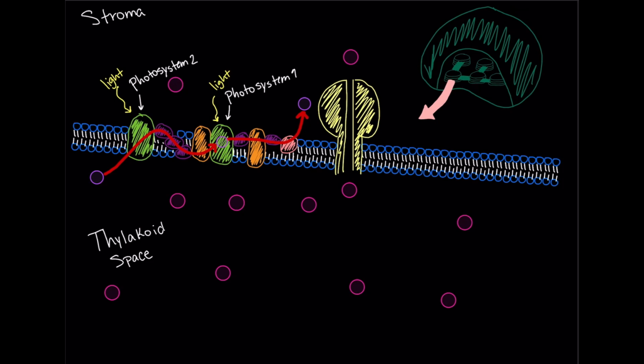Let's start drawing and representing this. For example, if we have this water molecule here, H2O, it reacts with the photosystem as the light passes through, and it gives off an electron, which would be this purple one, and also gives off two hydrogen and half an oxygen molecule.